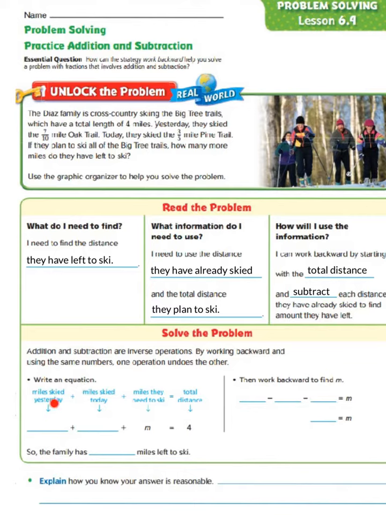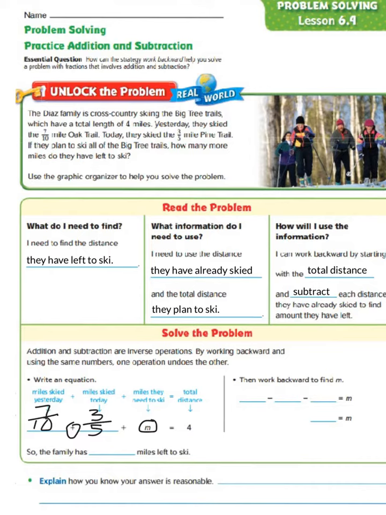We start with the miles skied yesterday, and that was 7/10. And we're going to add the miles skied today, which was 3/5, plus our unknown variable m equals 4.